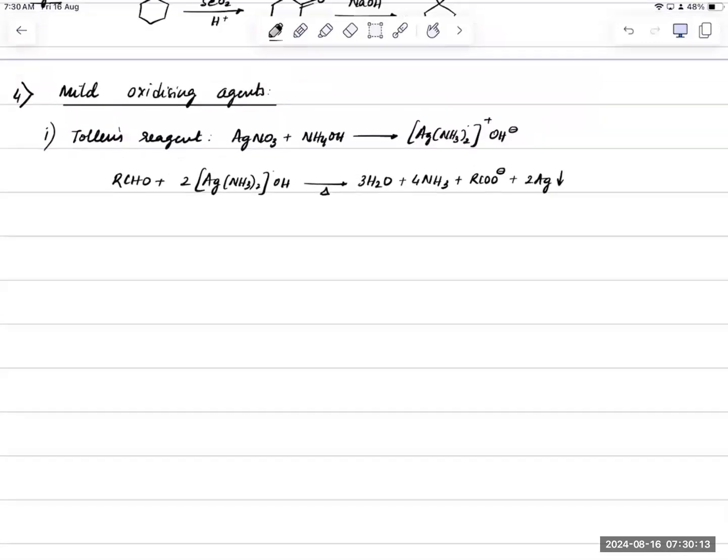This is the Tollens test. This is the silver mirror formation. So if the silver mirror is observed, that means the Tollens test is completed, or rather it is giving a positive test.